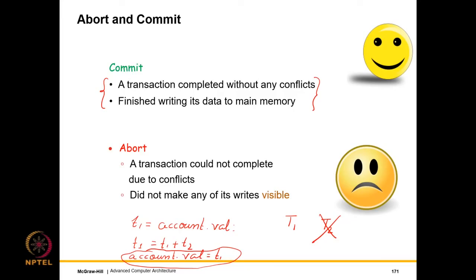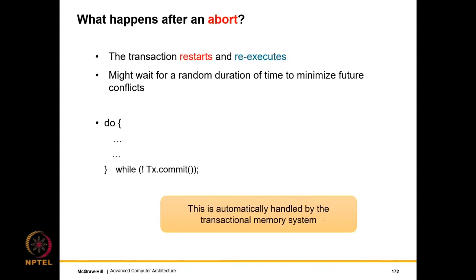And T2 never began, never executed, and of course never completed. So there will be no record of T2 or no record of any changes made by instructions within T2. So that is what abort means. Commit means successful completion. Abort means it will appear to the rest of the world that you never started and you never did anything, even though you actually might have done something which led to a conflict, but all of that state will get erased.